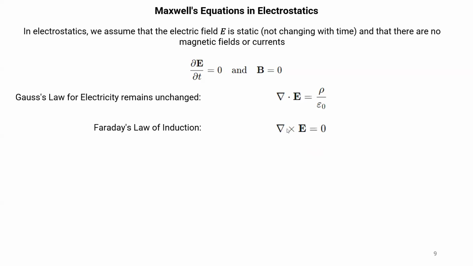The fact that the curl of the electric field is 0 means that my electric field has no rotations. So it points, for example, outward or inward to a charge.